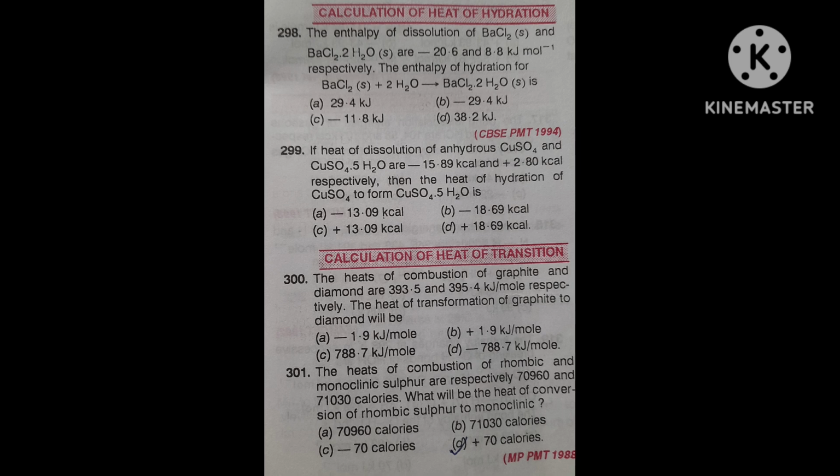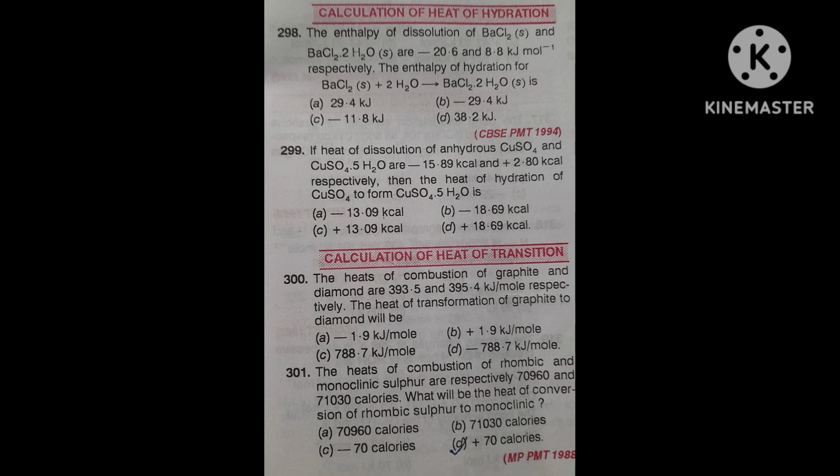And second, now this solid barium chloride 2H2O plus aqueous. You have to calculate hydration, that's why we add aqueous. Barium chloride 2H2O is solid and has absorbed 2 molecules of water. Now you are adding aqueous, that is the heat of hydration. Then it will give barium chloride aqueous, because it will dissolve in excess water.